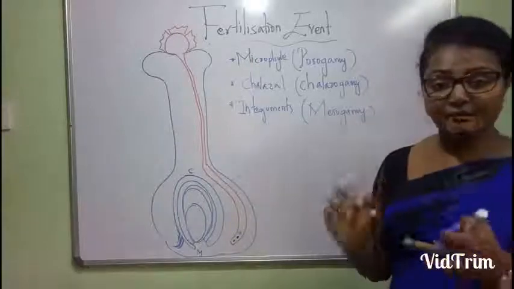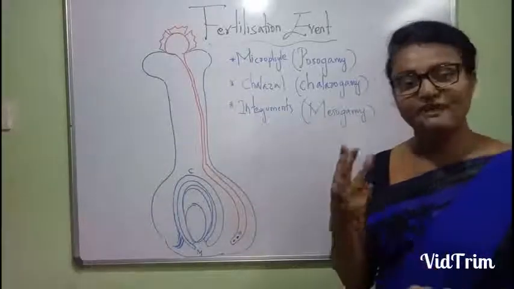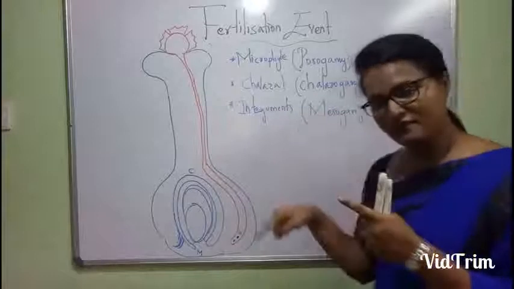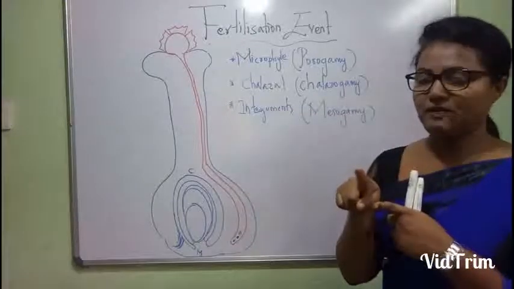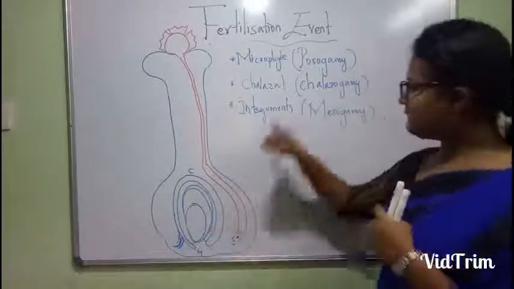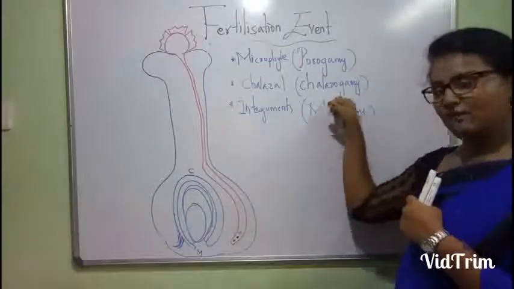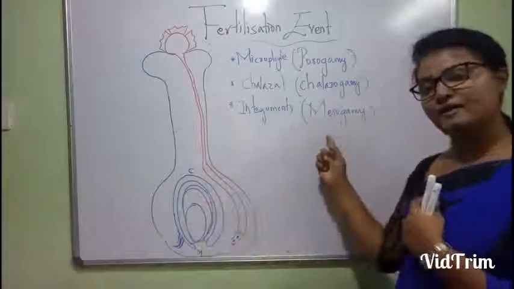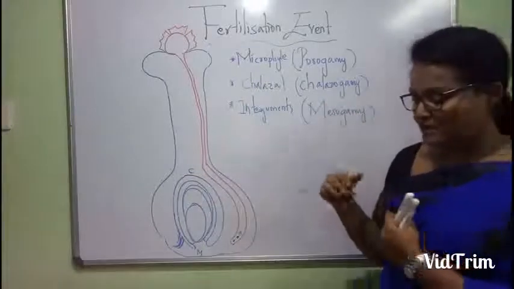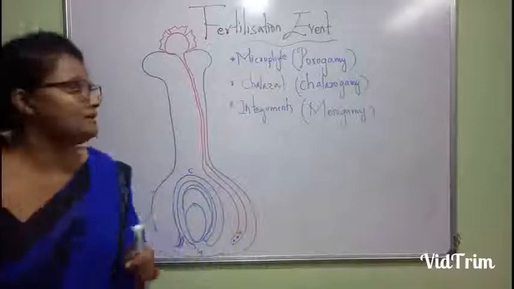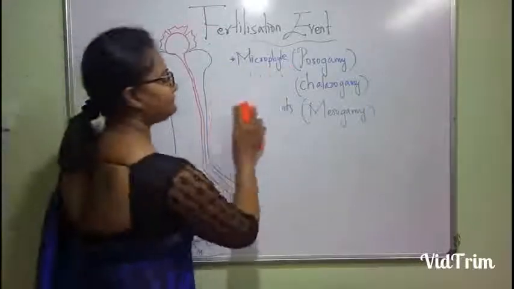So syngamy or fertilization is of three types here. One, if the pollen tube enters through the micropylar end, porogamy; through the chalazal end, chalazogamy; or through the integuments, mesogamy. We are going to study the porogamy type.